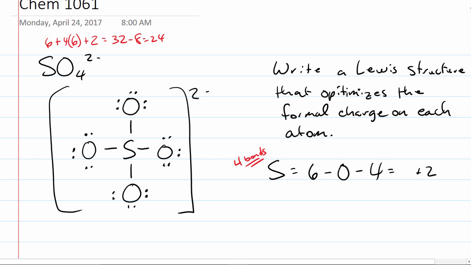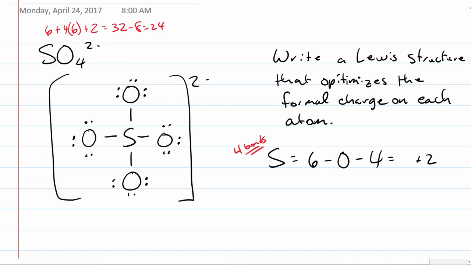All right, and we show that as +2. Because this is not an actual charge on a particle, we show the sign in front of the number. Remember the convention is we show the sign on the back end when it represents an actual charge on a particle, but this is a hypothetical charge, so we say its formal charge is +2.